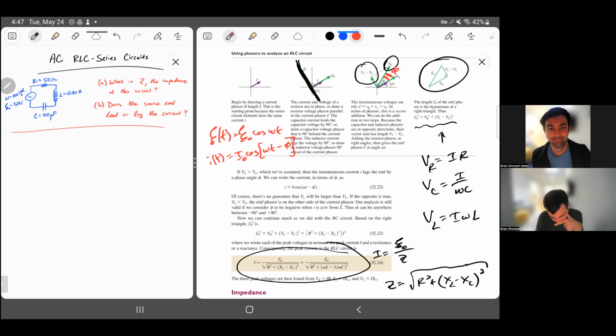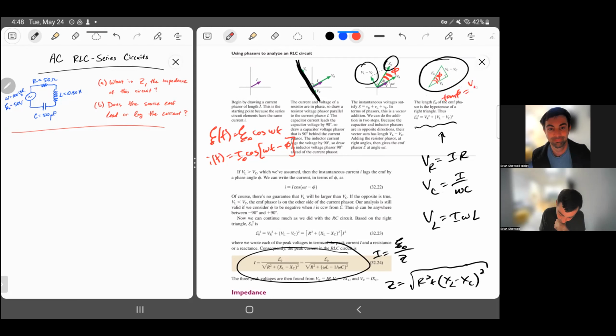So if we know the relative values of the V's, we can actually solve for this angle. This angle phi is also this angle in the right triangle. So we can write an equation that's tangent phi is opposite over adjacent.